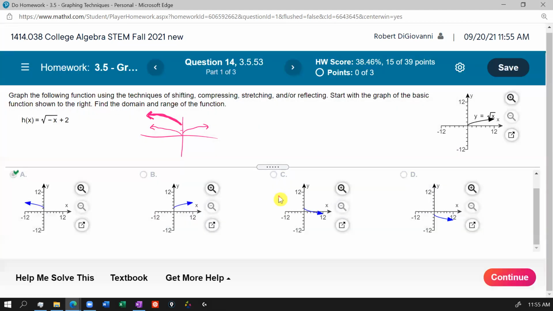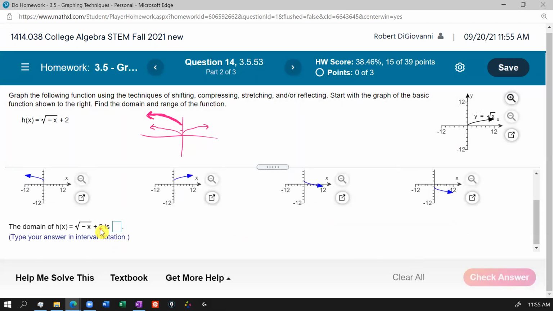Okay, and then domain. Where's it asking for domain? Okay, domain, so the graph actually stops here at 0 and it goes this way forever.